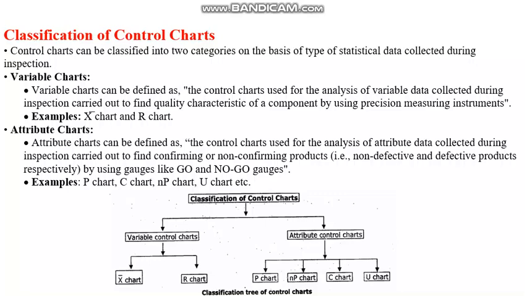during inspection carried out to find conforming and non-conforming products. Conforming or non-conforming products, that is non-defective and defective products respectively, by using go gauge, no go gauge, such things.